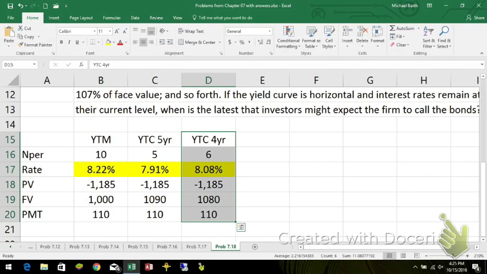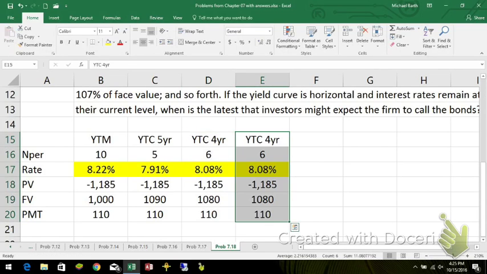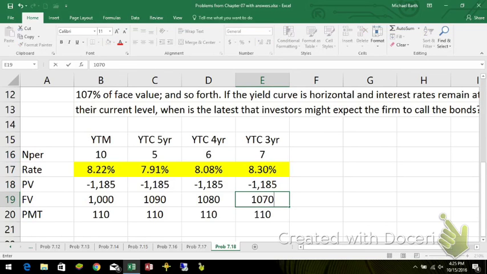If we assume they call them in year 7, it'd be yield to call with 3 years to go. That would mean that you would hold the bond 7 years and then sell it back at 1,070, and that's still lower.